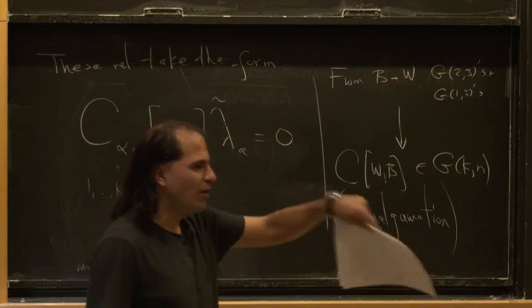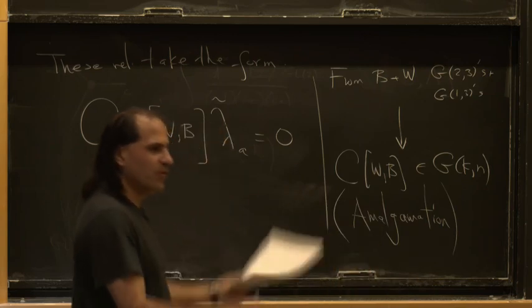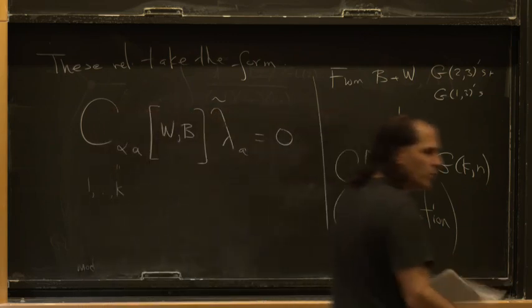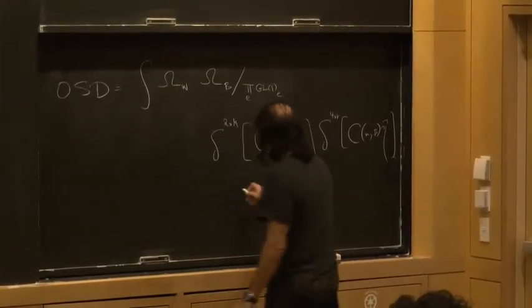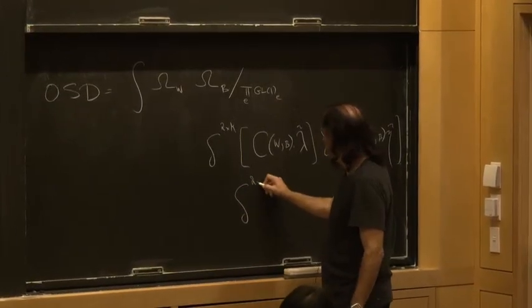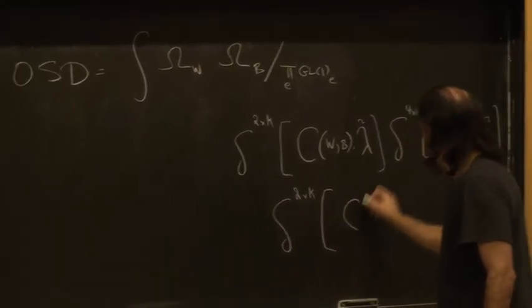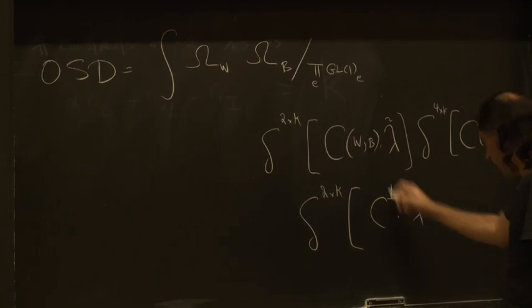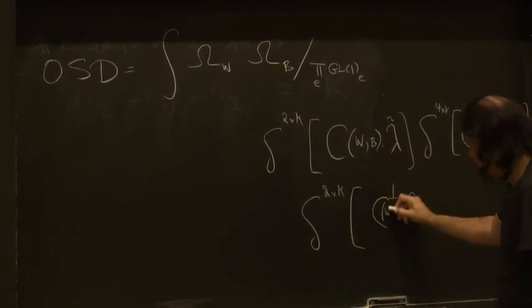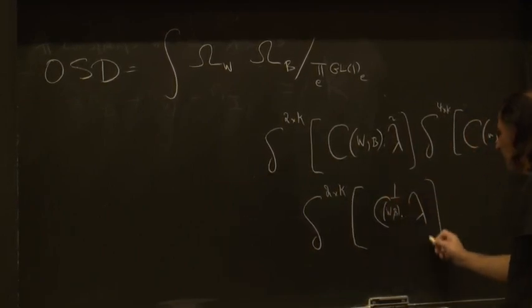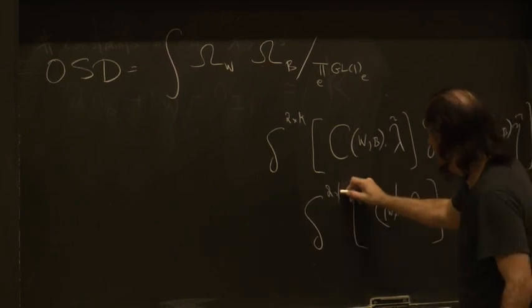All the statements as we go along are about the perps. Already for the little 1, 3 and 2, 3, it's that the C perp is orthogonal to the lambda. And so what we'll get from the lambda part is another delta 2 times k, C perp dot lambda, 2 times n minus k.